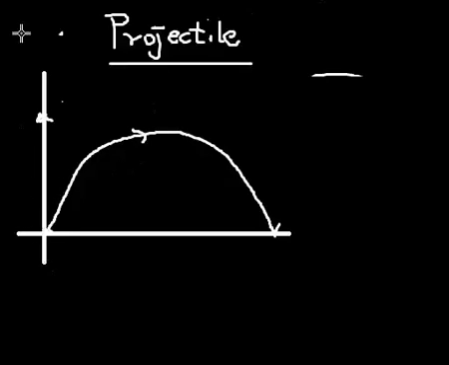The motion is neither vertical nor horizontal. It's not horizontal as we considered when we treated linear motion horizontally. It's not vertical as we considered when we treated free fall or upward vertical movement of an object.